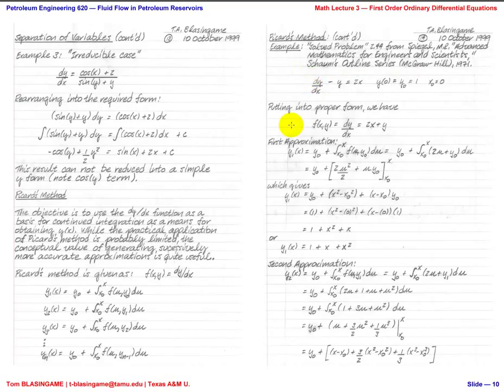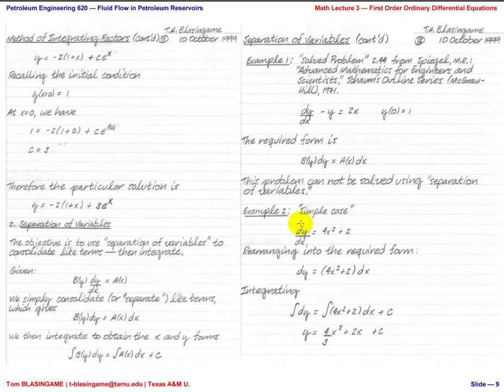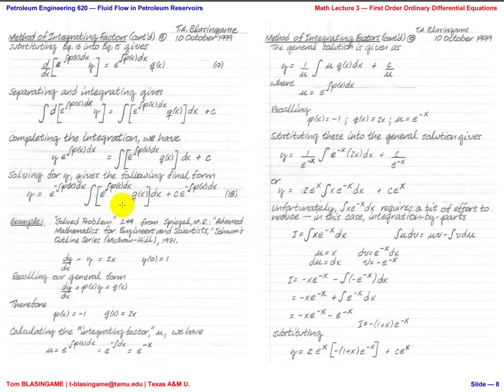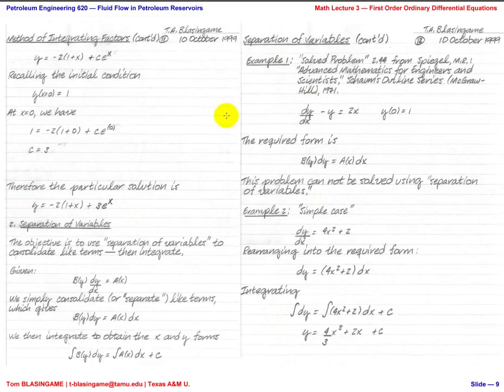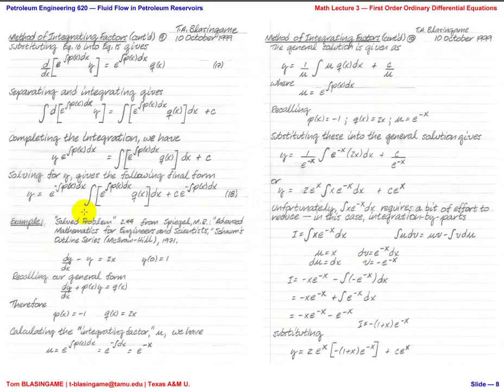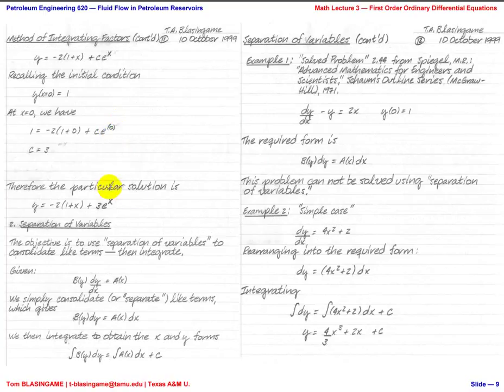In this example that we already showed, well, in the notes there is another example to apply the integrating factor method. So it ended up with this exact solution. But okay.